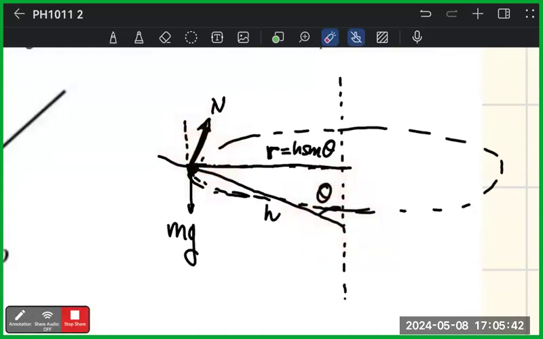So it is pretty obvious that this angle is theta. If you want to track it in the correct manner, this is theta, this is theta also, and of course this is 90 degrees minus theta. But sometimes it's easier if you draw theta very big or very small, in an extreme condition.